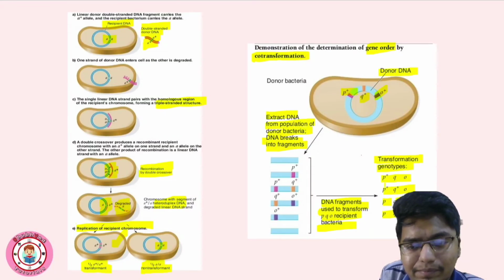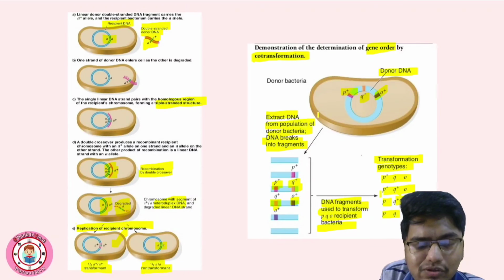So P plus goes with Q plus, meaning they are close to each other, and Q plus goes with O plus. P and Q are close, and Q and O are close, so the order is P, Q, O. Like this we can understand the gene order when co-transformation is seen. Co-transformation means two genes are transferred at a single time.